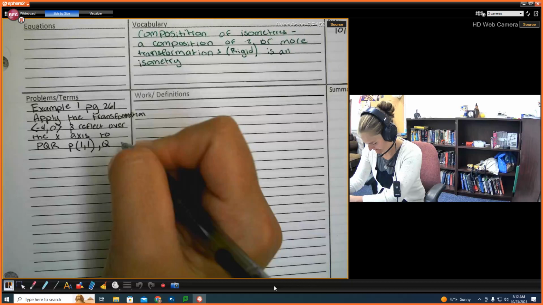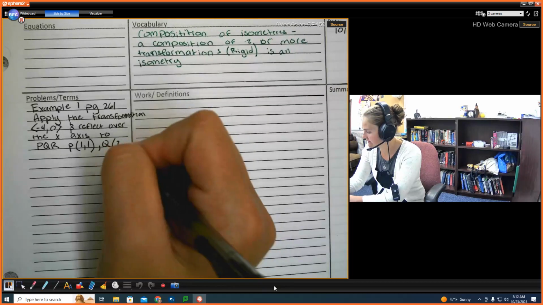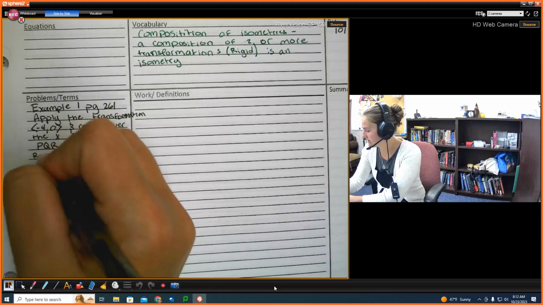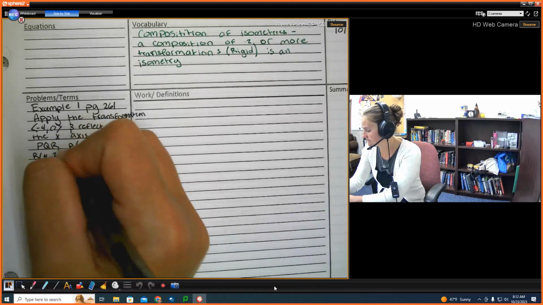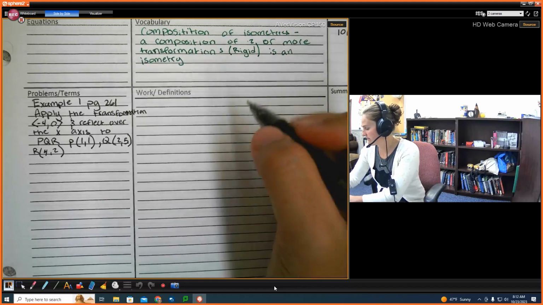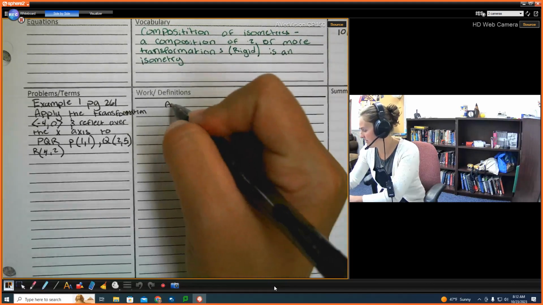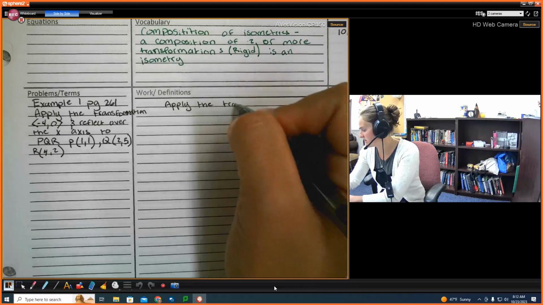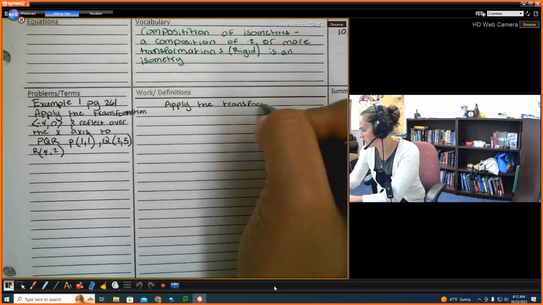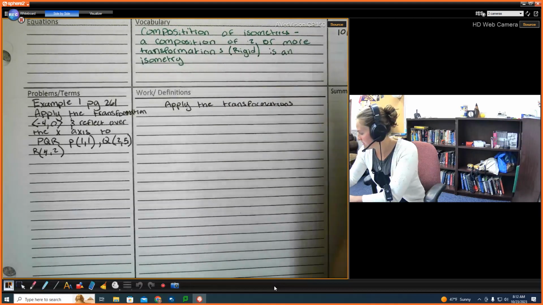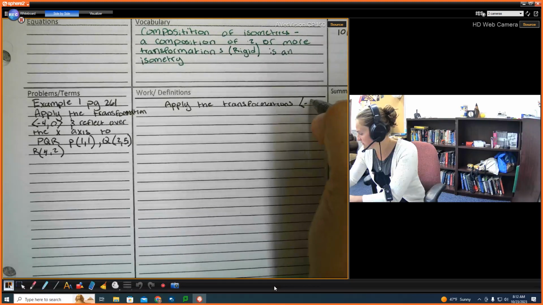Q is 2, 5. And R is 4, 2. Okay, we're going to write the same thing over here. So apply the transformations. And we got the vector <-4, 0>.